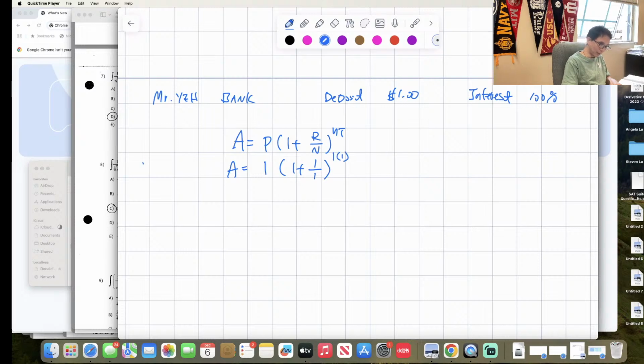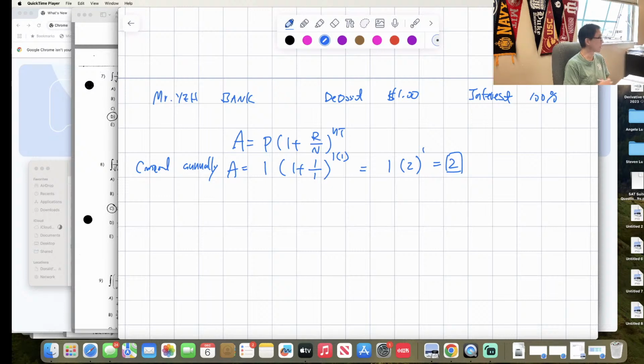So this is compounded annually. So it'll be equal to 1 times 2 to the 1 power, which is $2. So that means at the end of the year, if I give you 100% interest, no, you don't get $100. You're going to get $2. Not too bad. You give me $1, I give you $2. That's a very good return within 1 year.